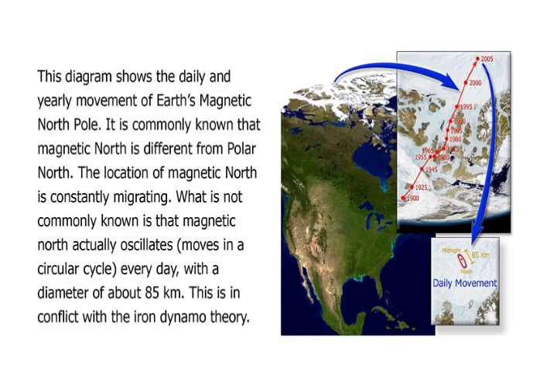Okay. All right. This diagram is showing that the magnetic north is moving, and we're actually saying that it's moving even on a daily basis, kind of in an oscillating pattern. Continental uplift pseudo-theory.